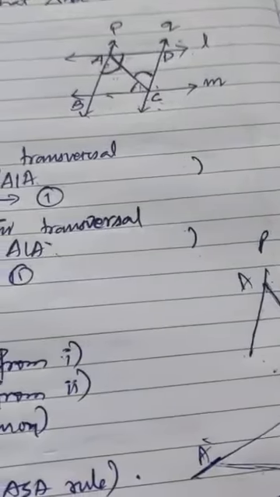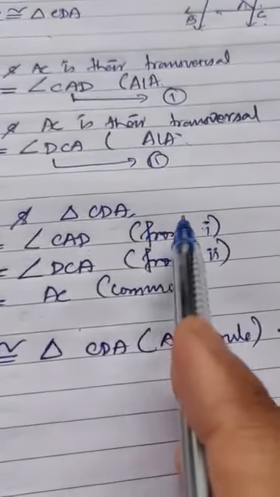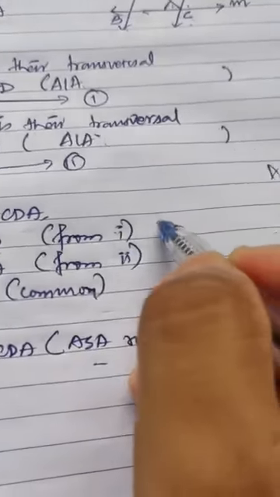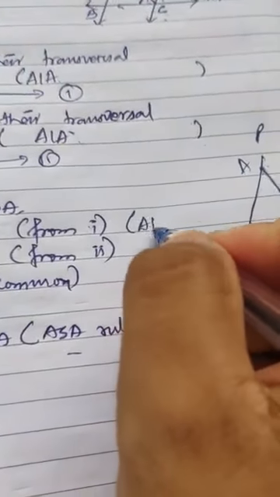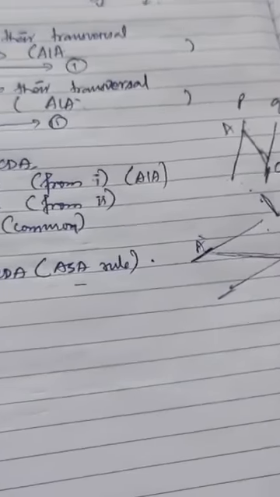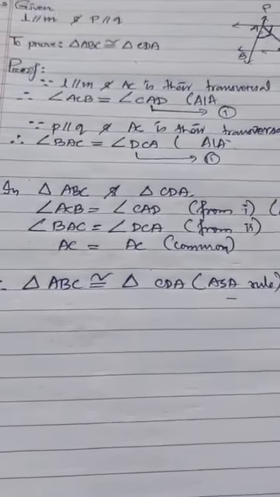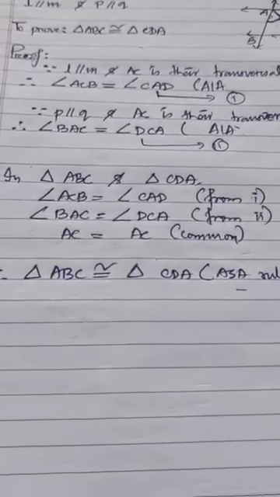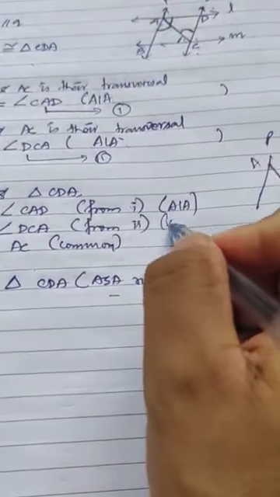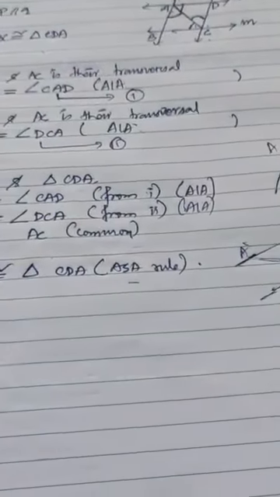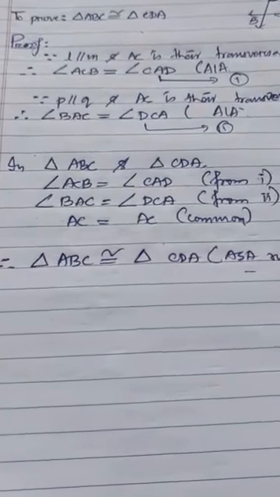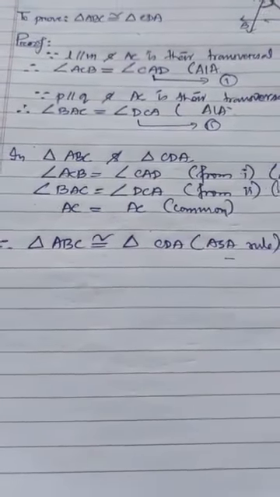So this is alternate angle, isn't it? So instead of from 1, you can write alternate interior angle in spelling. Then the second one also, BAC equals DCA. Instead of writing from 2, you can write alternate interior angle. And AC common is the same, so you don't need to change this.